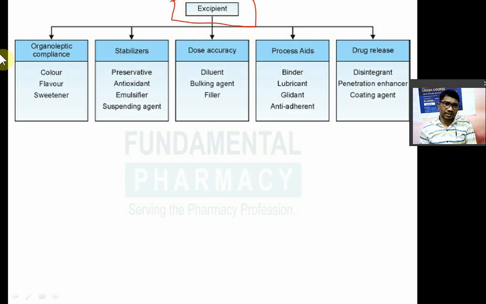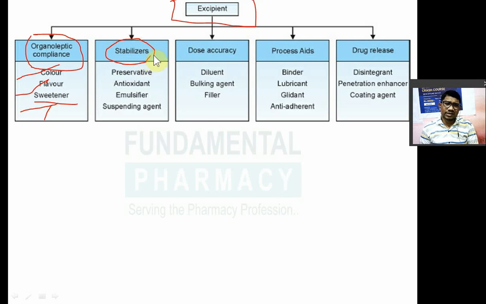So excipients are added either to enhance the organoleptic properties or to enhance the aesthetic value. In that perspective, you are adding color to the formulation, you are adding some flavors, you are increasing the sweetness. To increase the palatability of that formulation, you are adding a sweetener or sweetening agent. Now, to stabilize the formulation, you are using stabilizers.